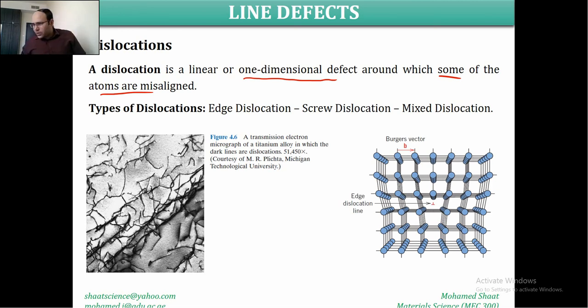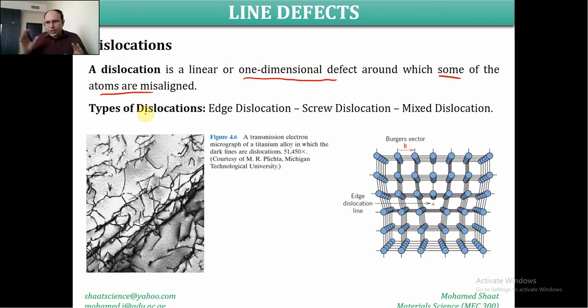But the line defect, or linear or one-dimensional defect, means that there is a line or a plane of atoms, and there is something wrong with this plane of atoms, which is commonly known as a dislocation. So the dislocation is a linear or one-dimensional defect around which some of the atoms are misaligned.